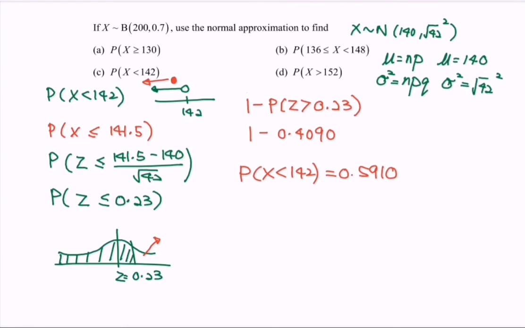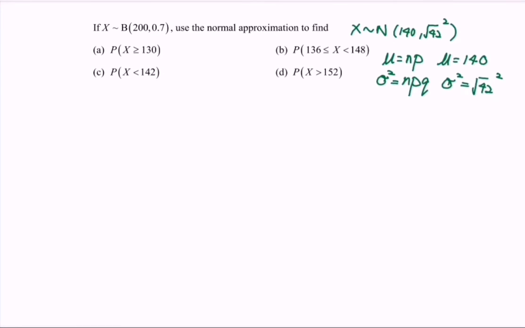D, where we have the probability that x is greater than 152. So number one, continuity correction. Because our starting point is the binomial distribution, which is discrete, and we move to the normal approximation, we are in continuous. So continuity correction is needed.